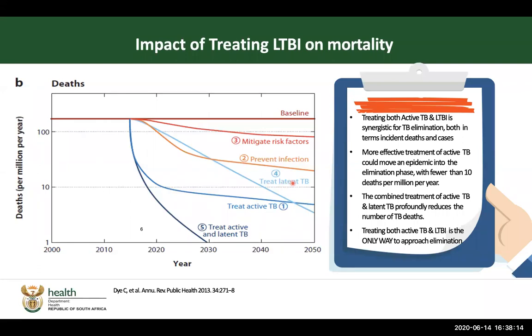So we have to treat active cases and latent TB, institute prevention mechanisms, whether policies, environmental controls, and PPEs as needed, and mitigate risk factors like diabetes, HIV, and so on. But it is the combination effort, not prioritizing one of these, that would profoundly reduce the number of TB deaths in our country.